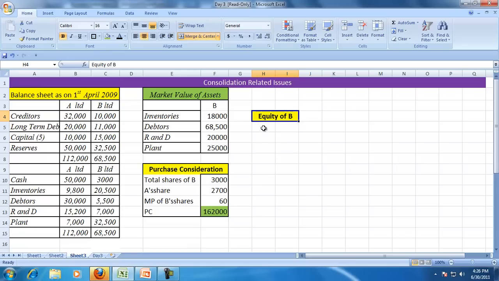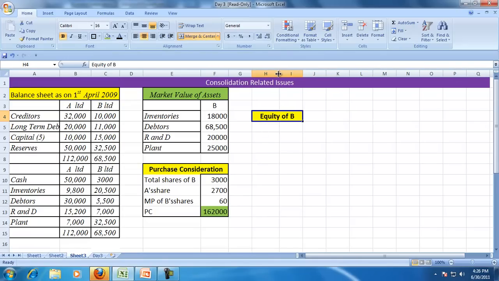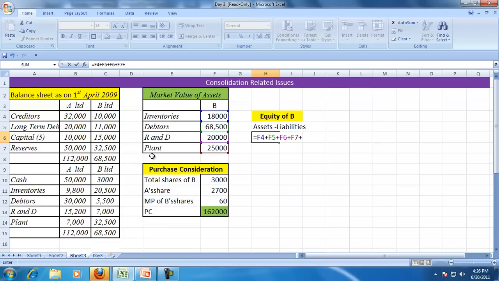But before we calculate goodwill, let us find out the equity of B that is taken over by A. Equity can be calculated as assets minus liabilities. But whenever the market value of the assets is given, it's better to find the equity through the value of the assets minus the value of the liabilities. The value of the assets is the market value of the individual assets given here, plus the cash.